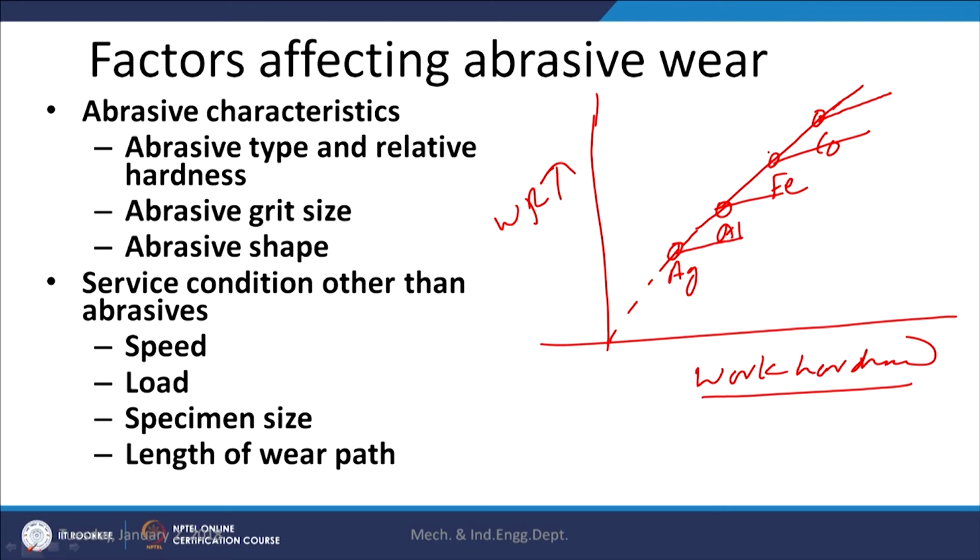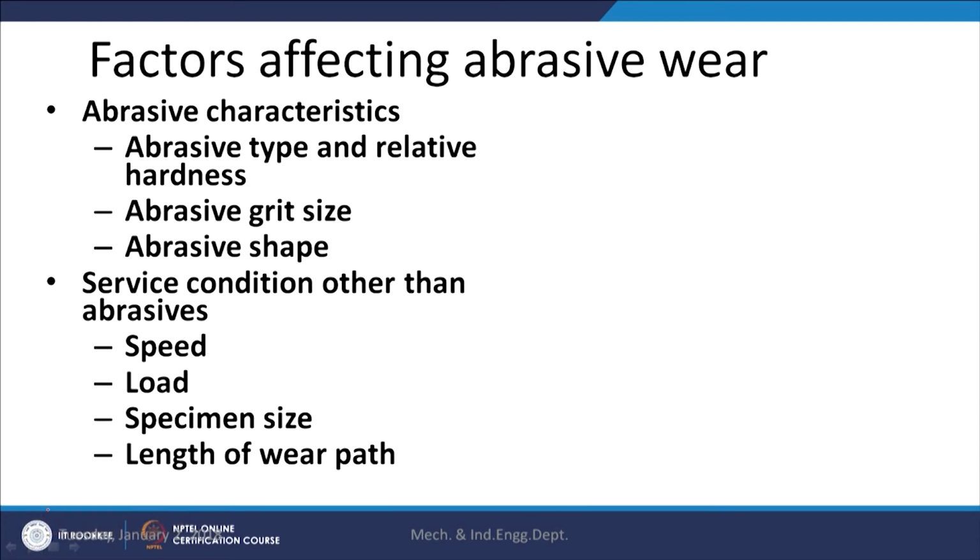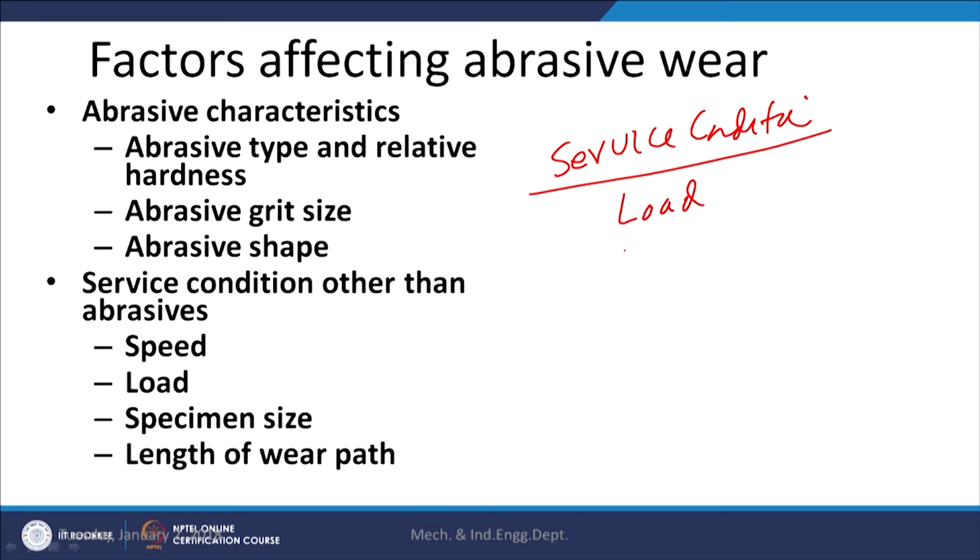Now, this slide basically shows the different factors which will be affecting the abrasive wear. There are basically three types of factors. One is service condition related factors. Service condition related factors means what is the kind of load, what is the relative speed of the abrasive particles, and what is the distance travelled or the length which will be covered by the abrasives during service.